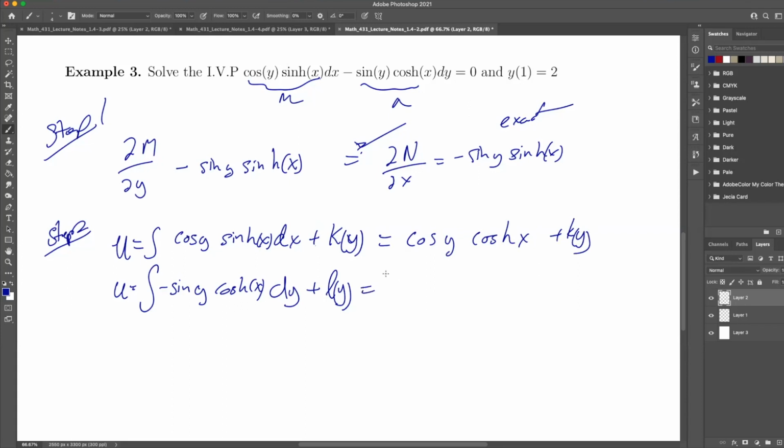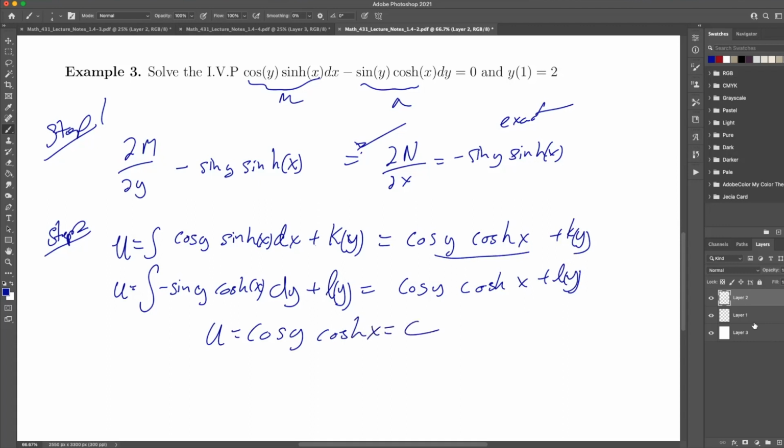And here, sine goes to minus cosine, so this is just cosine of y times hyperbolic cosine of x. When I merge these two together, this is the only thing that survives. And so I have cosine y hyperbolic cosine of x equal to some c.